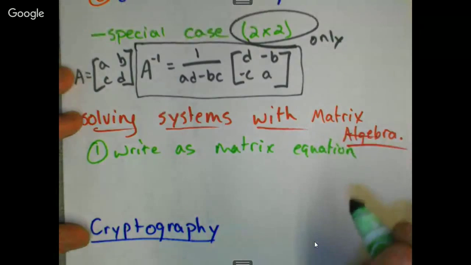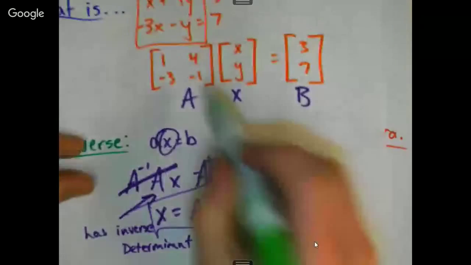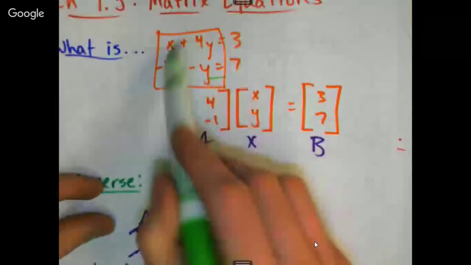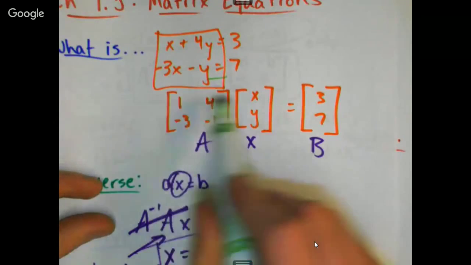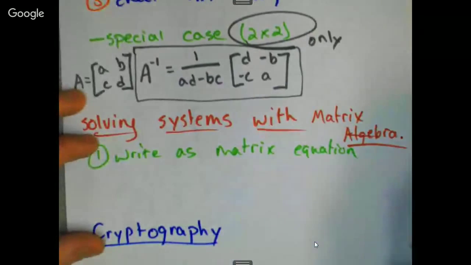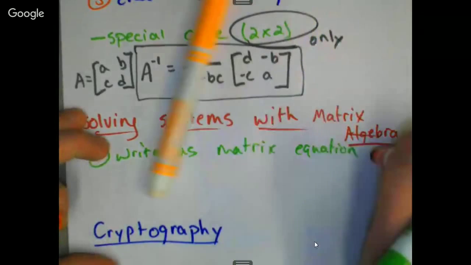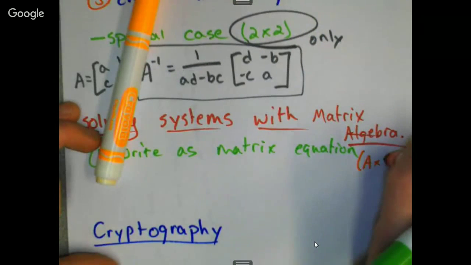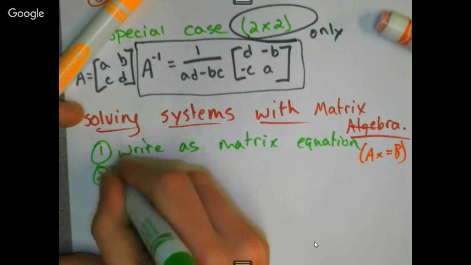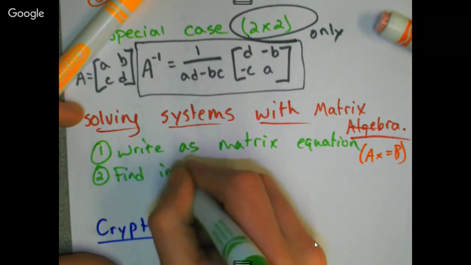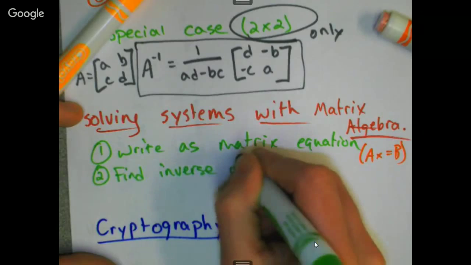So maybe I'll put here AX equals B. Step 2 is find the inverse of A.